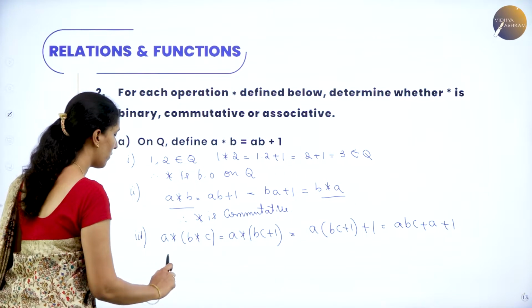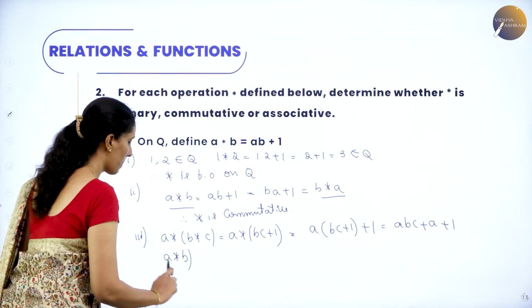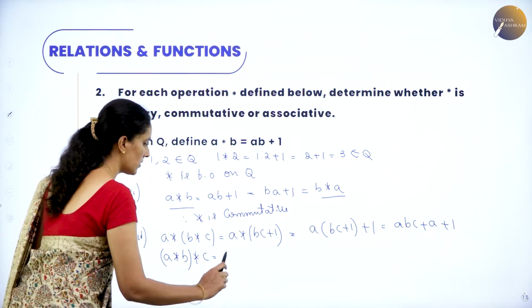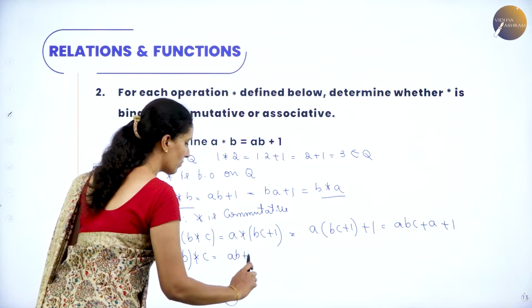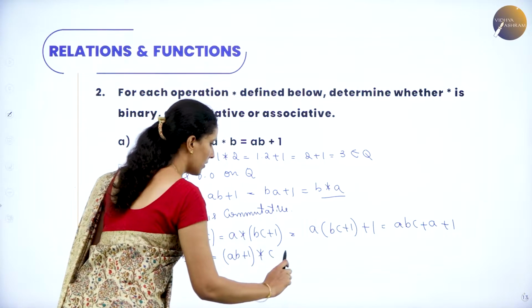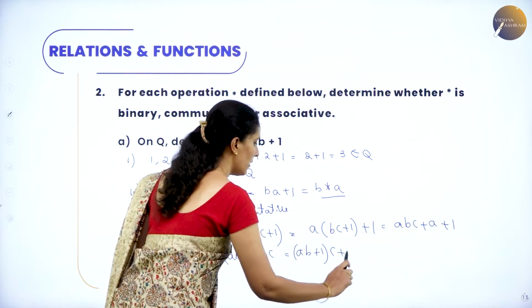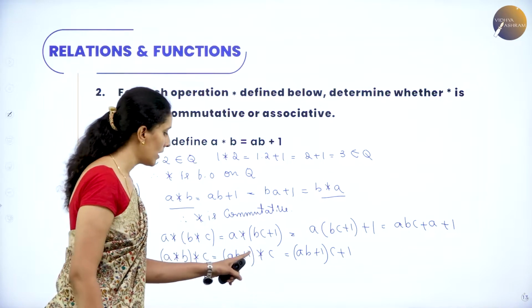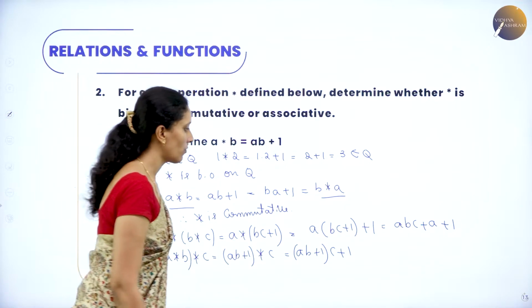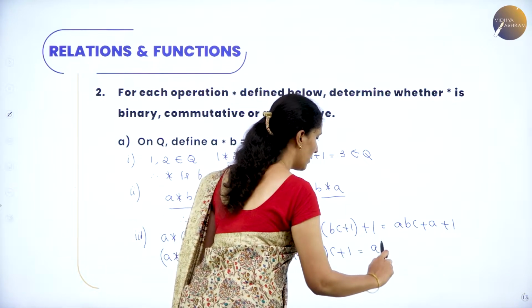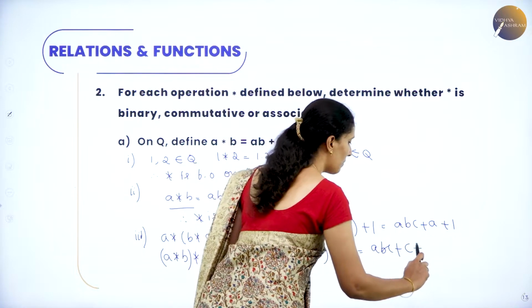Now, let's verify for A star B star C. So, here it is AB plus 1 star C, which can be written as AB plus 1 into C plus 1. So that is equal to ABC plus C plus 1.